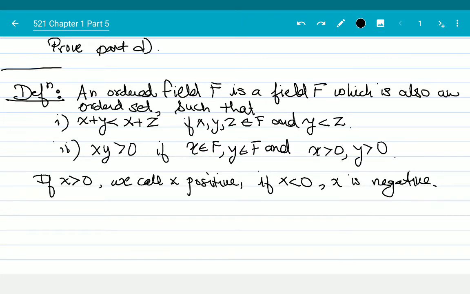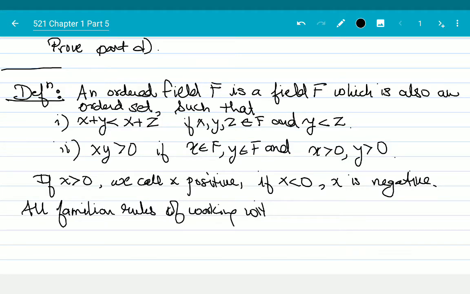So all familiar rules while working with inequalities work in every ordered field.